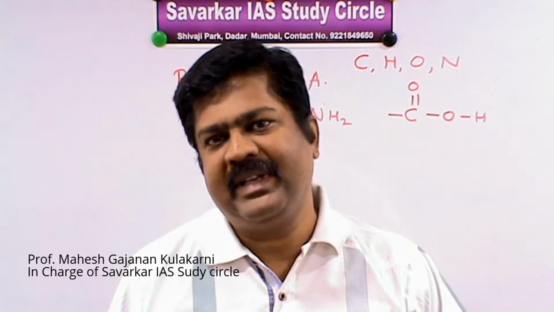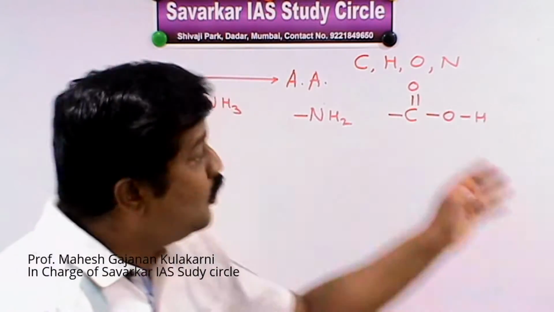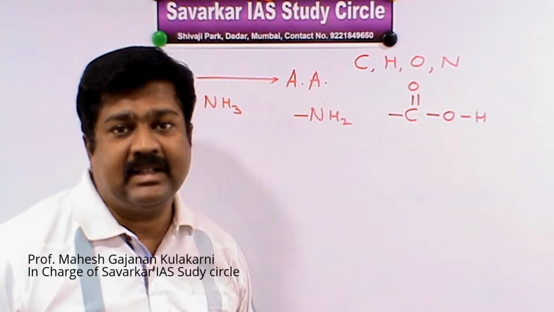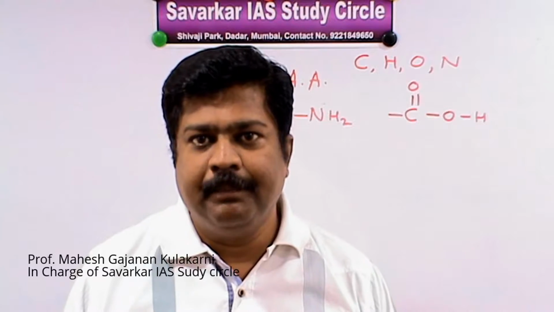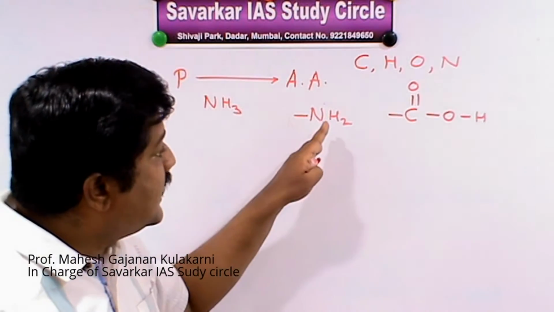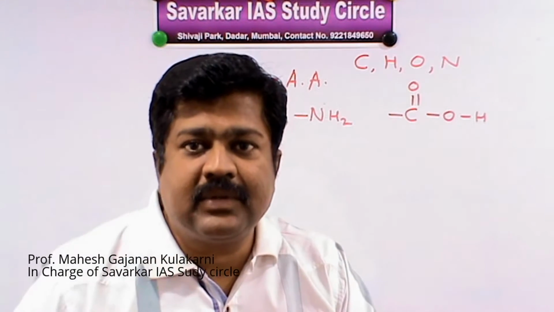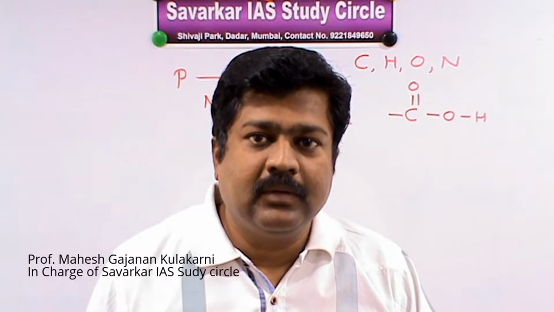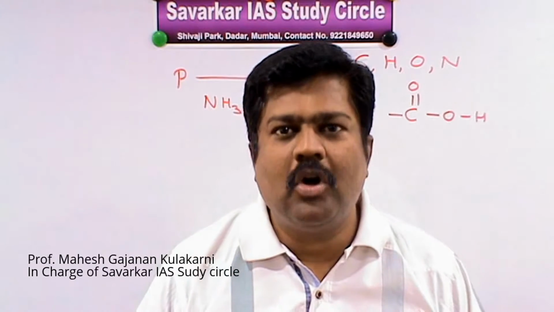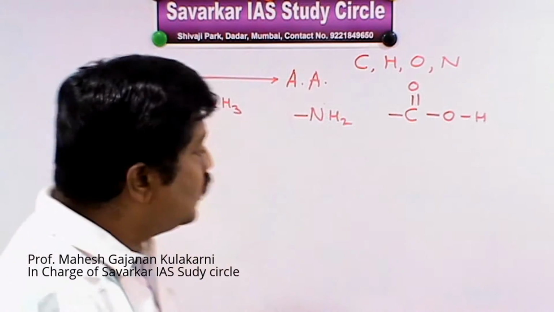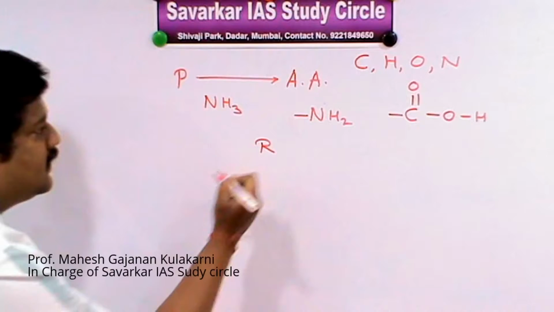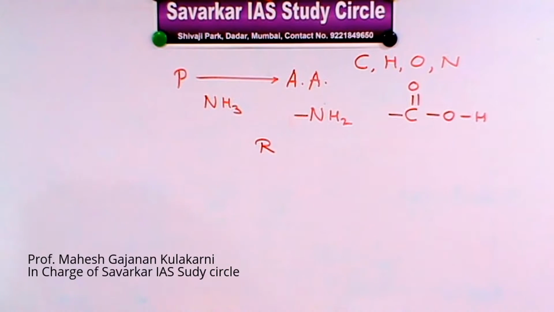Weak base, but basic substance. Whereas this group, as the name indicates, is carboxylic acid, so it is acidic in nature. So here I am getting one substance as base and one substance as acid. Now, an amino acid is a substance where both groups are attached on a single molecule. So here I have to show a substance under the name R and a dash.